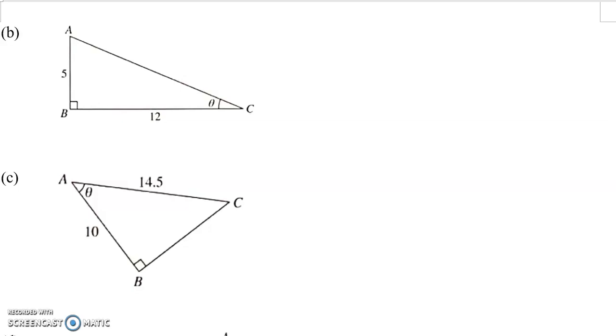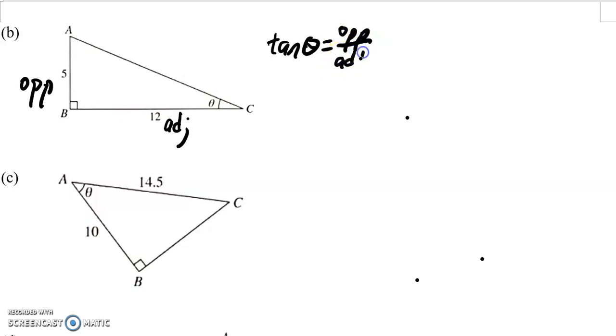Looking at 7B now, we have information of triangle ABC with the 5 and the 12 given to us. Notice the 5 is the opposite of the angle theta, and the 12 is the adjacent of the angle theta. So we have the opposite, we have the adjacent. So yes, you're right. Tangent theta will be equivalent to opposite over adjacent, which is 5 over 12.